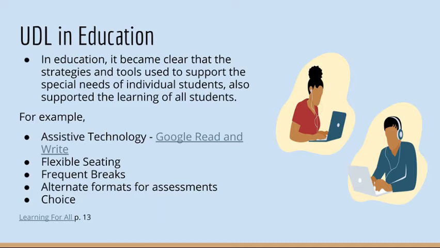Flexible seating arrangements in the classroom support varied learning styles. Frequent breaks can aid with focus, creativity, and engagement. Providing a variety of formats for assignments and assessments increase engagement, a positive growth mindset, and feelings of success. Providing choice also allows for students to connect to their learning in authentic ways that are responsive to their needs.